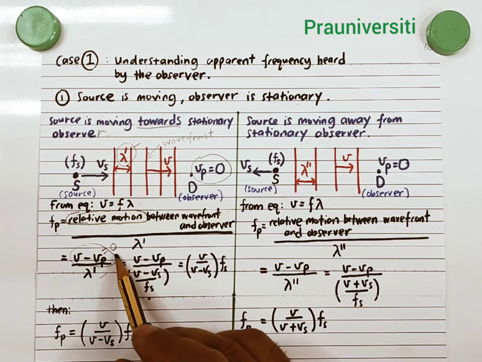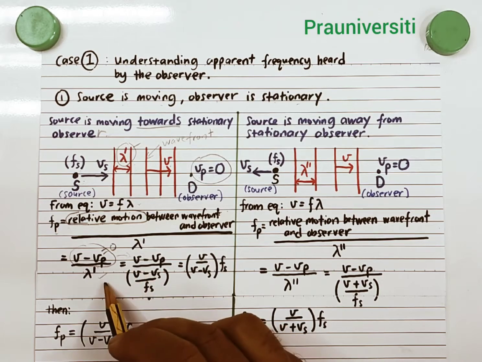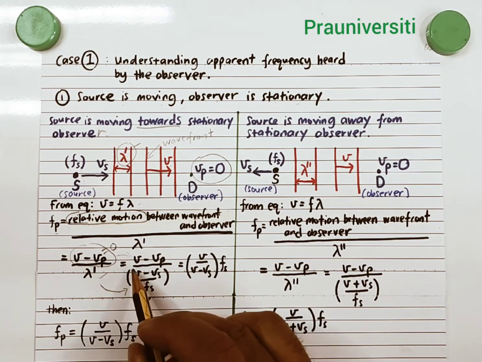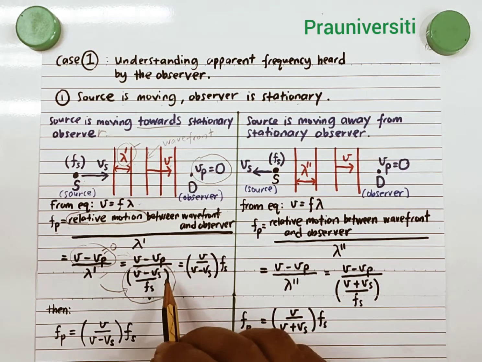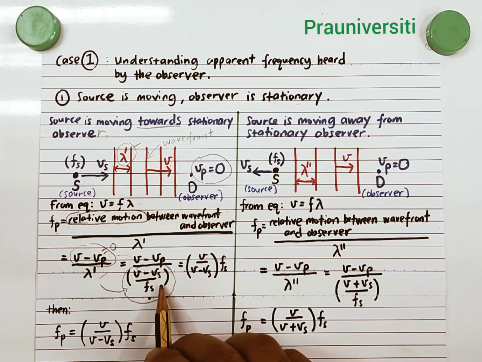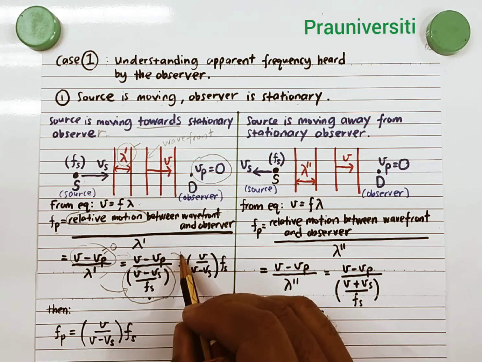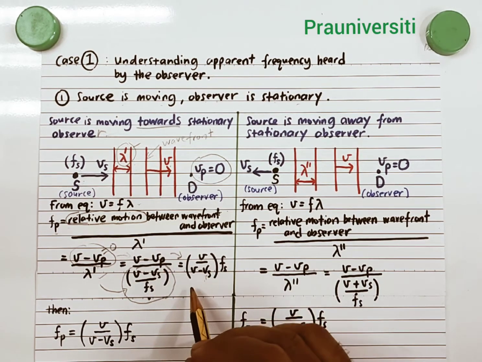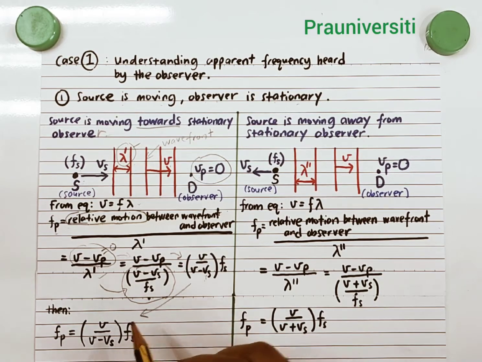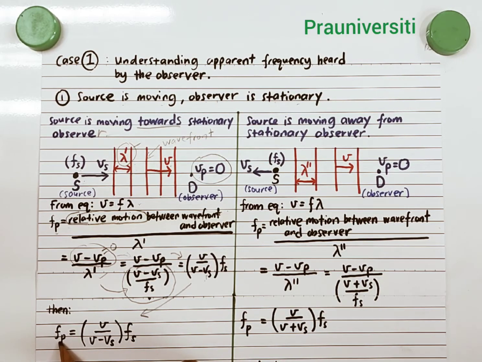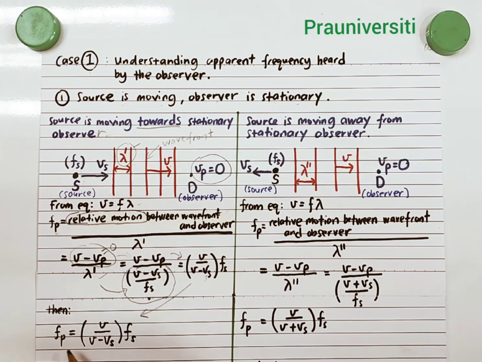We continue with the equation, and we just use the equation for lambda prime. Then we manipulate the equation, and we can write Fp, the apparent frequency heard by the observer, equals V over V minus Vs, times Fs.